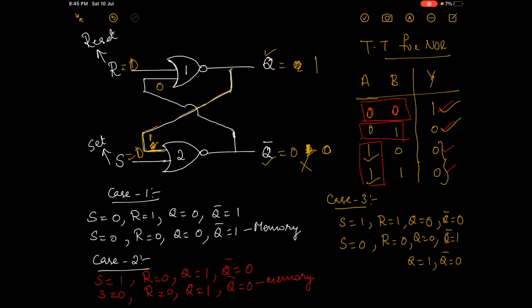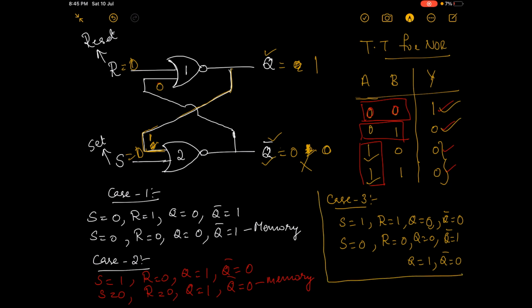So you can see here in the second case you are getting Q equal to 0, Q bar equal to 1, and in the first case it was 0 0. That means it doesn't work as a memory element. And also when you start the analysis from Q bar, you are getting the output as Q equal to 1 and Q bar equal to 0, which is wrong.